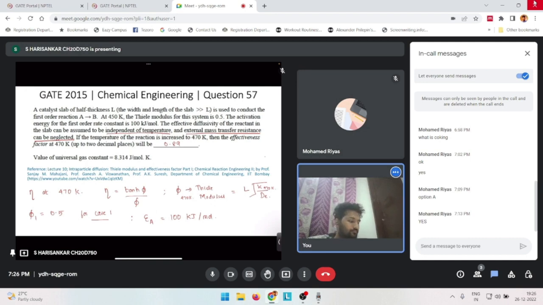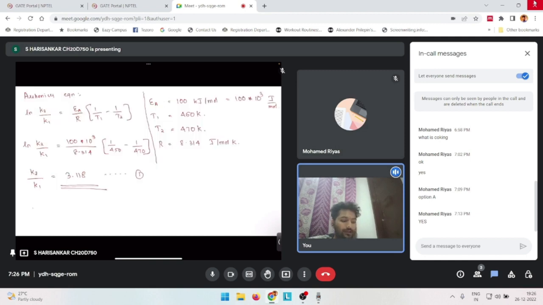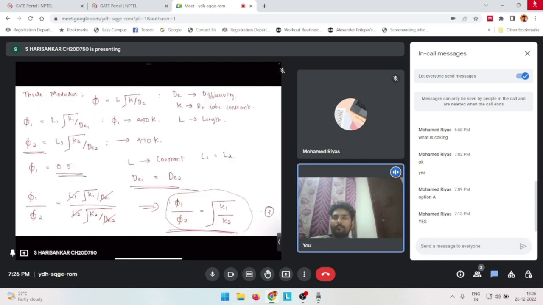And for that, first we needed to find the ratio of reaction rate constants, which is basically K1 by K2. To find that, we applied the Arrhenius equation, and we found out that K1 by K2 is basically 1 by 3.118. And then we moved on to the concept of Thiele modulus.